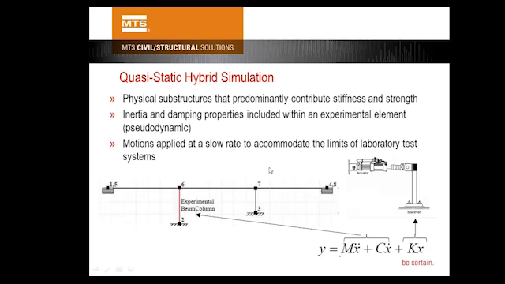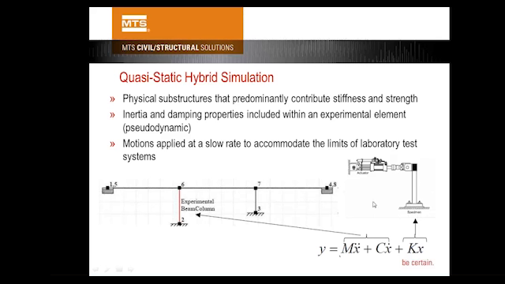So, as I said, MTS offers different kinds of hybrid simulation solutions. If you have a structure like concrete or steel, it is not rate dependent, and the lab only needs to provide the stiffness term, and then the damping term and the inertial term can all be provided by the analysis model. So in this case, the test could be very slow.